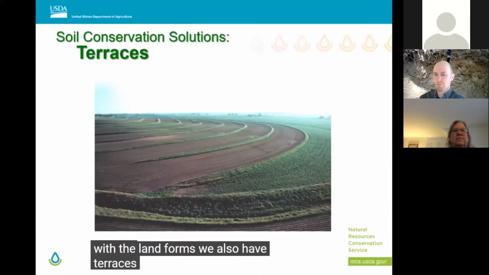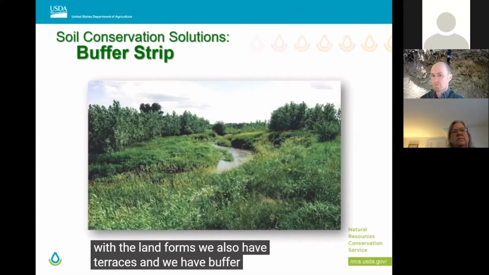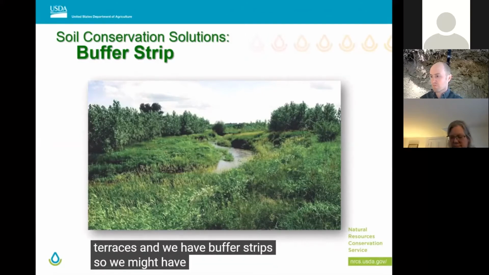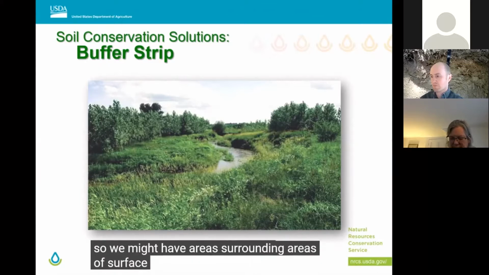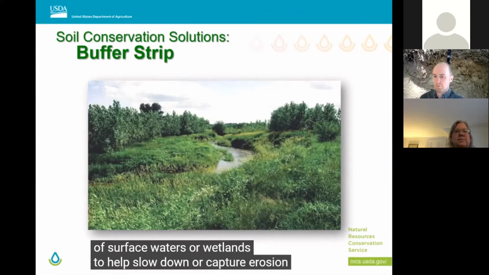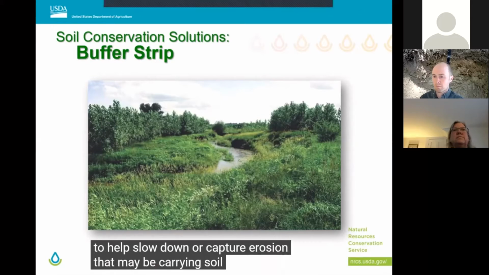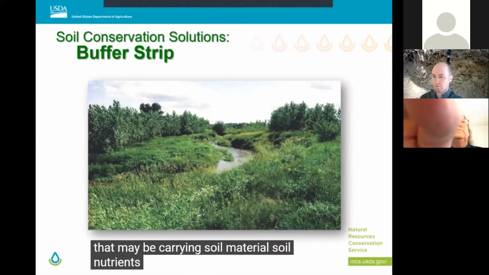We also have terraces, and we have buffer strips. So we might have areas surrounding surface waters or wetlands to help slow down or capture erosion that may be carrying soil material, soil nutrients.